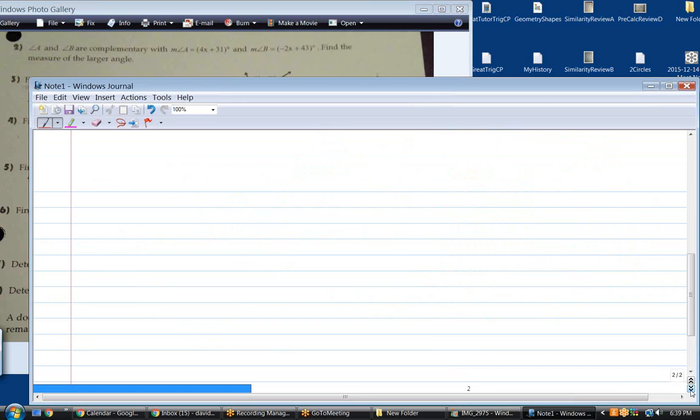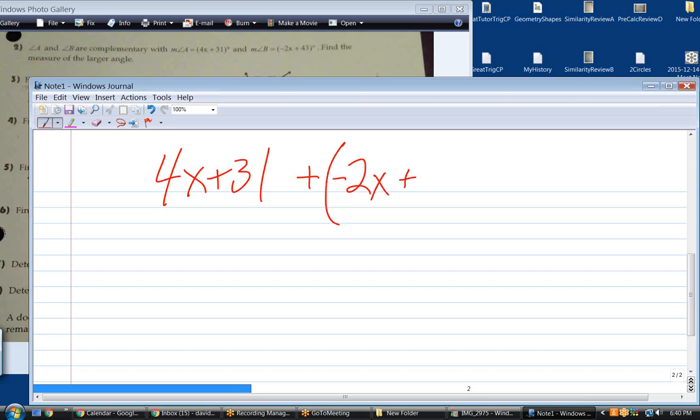So what equation can I write? 4x plus 31, minus... you just said they add to 90 degrees. Well, it's plus angle B. And I can use parentheses just for clarification here. So it's plus this, and all of that is equal to 90.